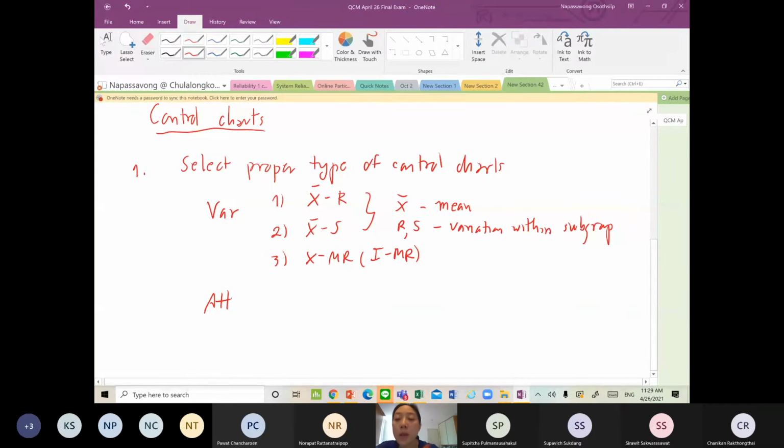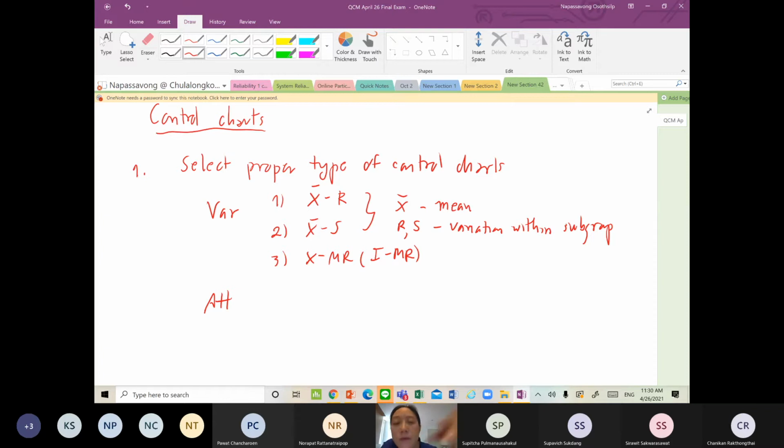Then we plot on the chart to see the shift of the mean or the variation over time. Now you should be able to tell in which situation you should use the R chart and in which situation you are required to use S.